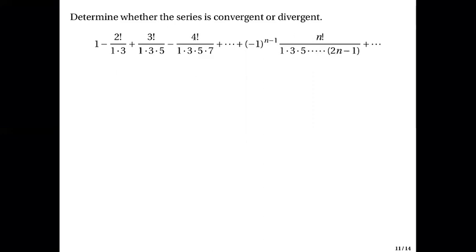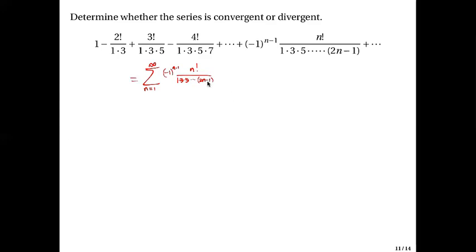So this means that we actually have the series, negative 1 to the n minus 1, and then you have n factorial over 1 times 3 times 5 times 2n minus 1. And then your n starts with n equals 1, and this is up to plus infinity. Okay?